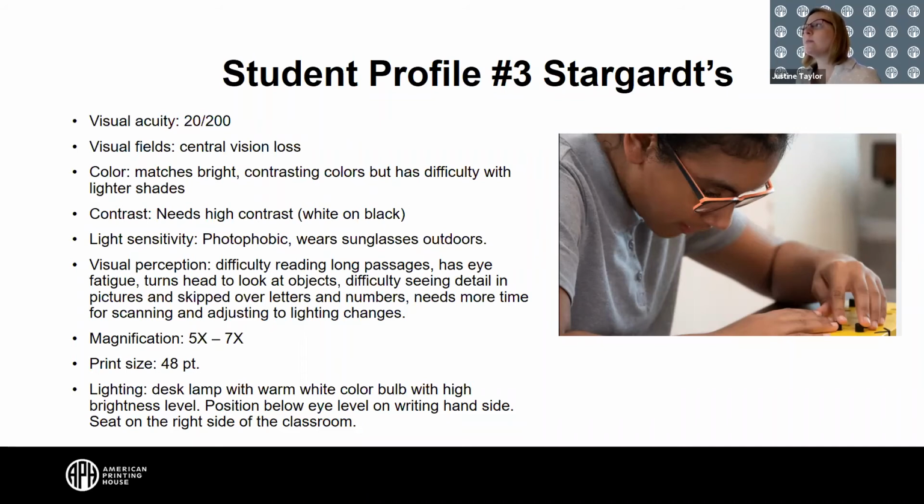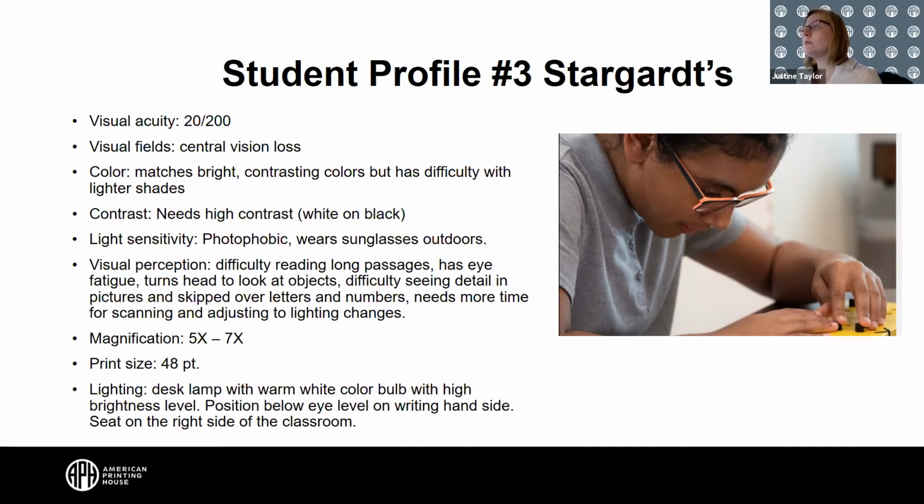In their visual perception skills, they had difficulty reading long passages. They had eye fatigue. They turn their head to look at objects. They have difficulty seeing detail in pictures and skipped over some letters and numbers. And they needed more time for scanning and adjusting to their lighting changes.